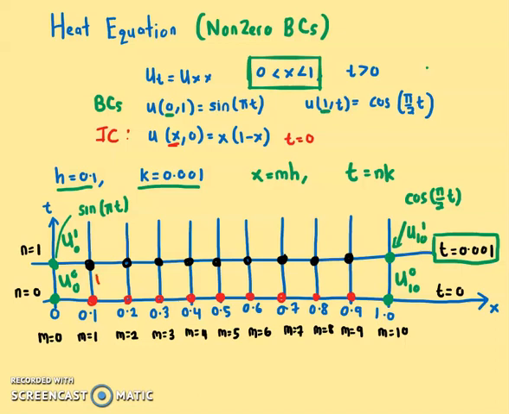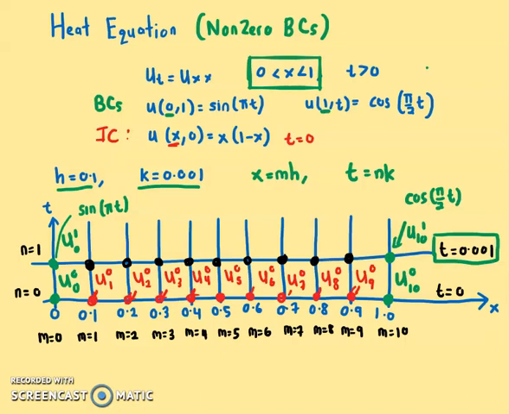Now the initial conditions u10, u20, u30, u40 are all the values at these points. u50, u60, u70, u80, u90 are the point values here.